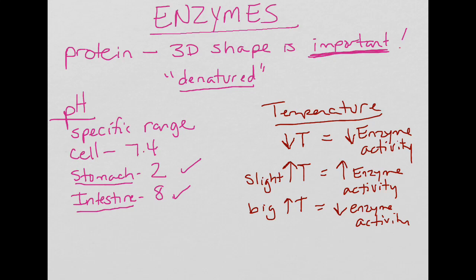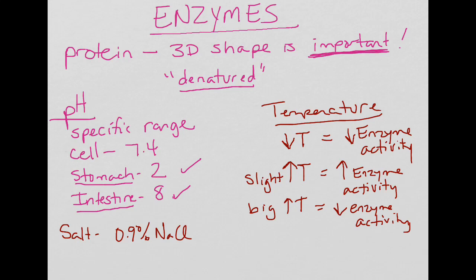Okay. Last one I talked about in class was salt. Normal salinity of the blood, 0.9% sodium chloride. That's where our enzymes like to be. And if salt should increase, let's talk about a significant increase in salt that we've done to something. Let's say we're going to take some cucumbers and we're going to pickle them.